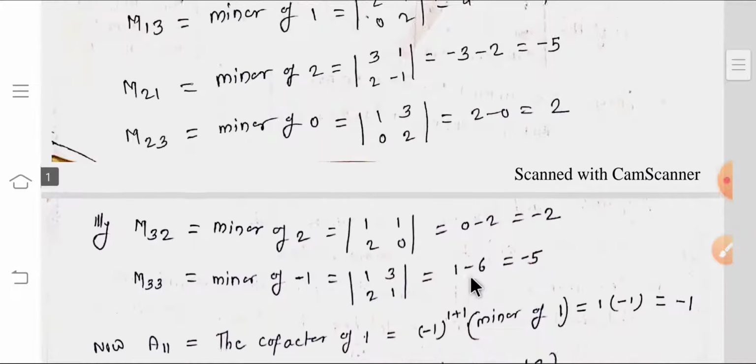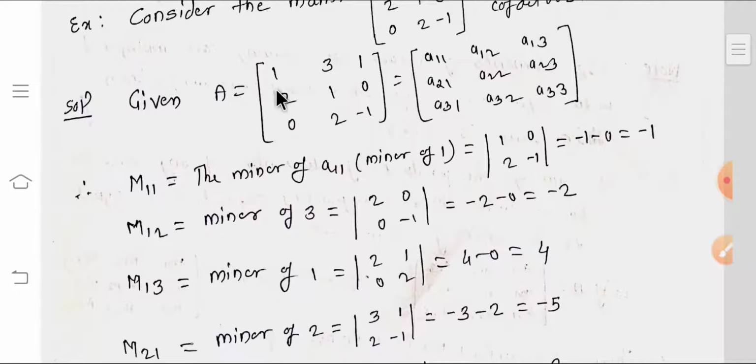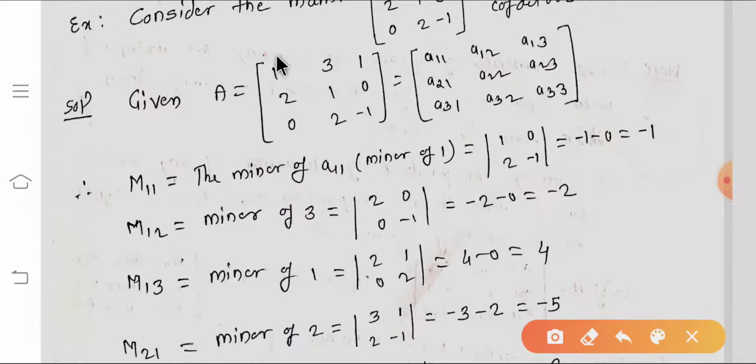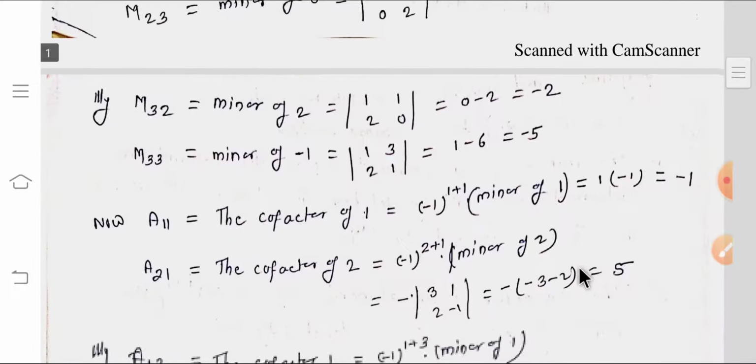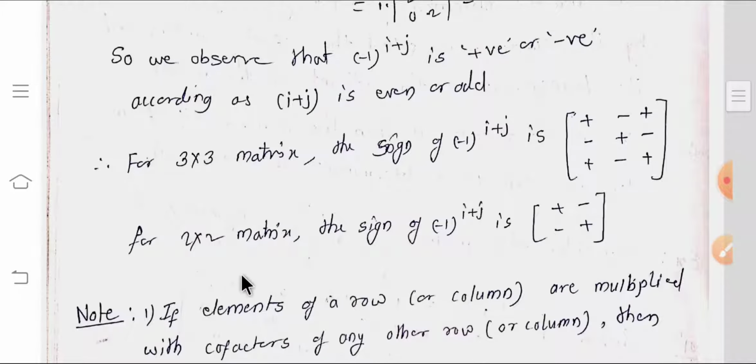In this matrix, always consider the first row, first element as positive, then alternate the signs: negative, positive, and so on. If you take alternate signs like this, it is easy to find the minors and cofactors. For a 2 cross 2 matrix, the signs are positive, negative, negative, positive.